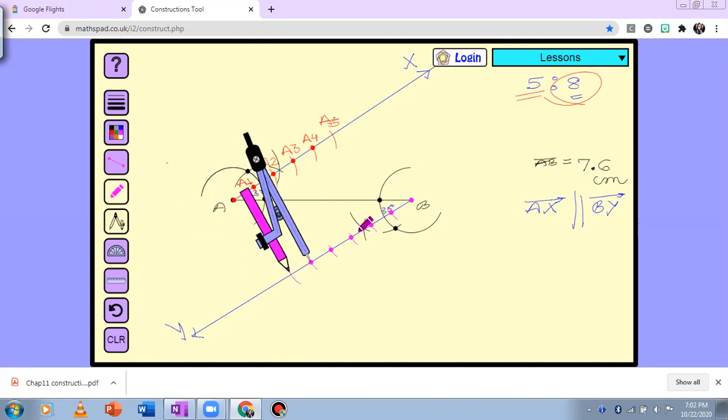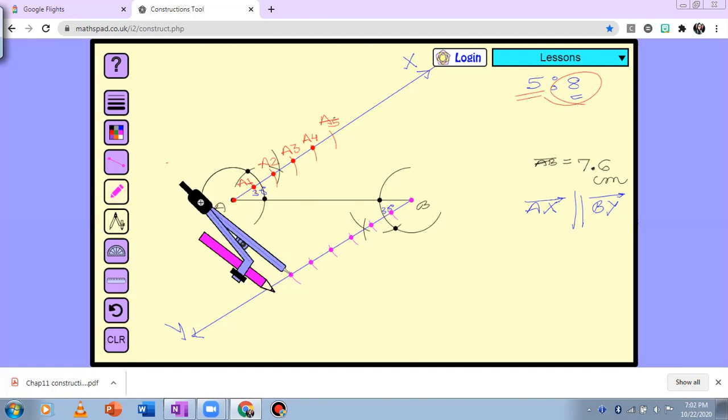So I have 1, 2, 3, 4, 5, 6. I need the 7th one and then the 8th one. This is the 8th one. And I'm going to name these. This is B1, this is B2, this is B3, this is 4th, B5, B6, B7, B8. This is also done.